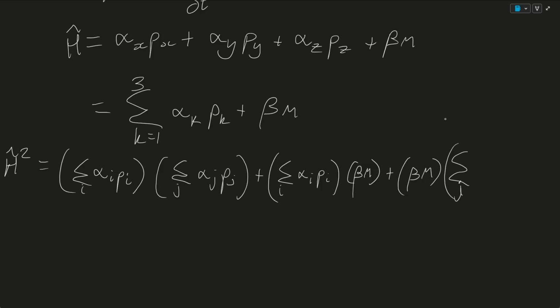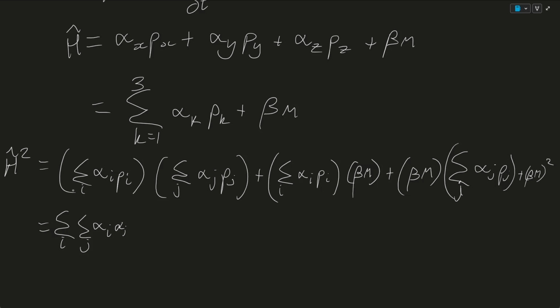The reason we write it like this is due to commutative properties. Plus beta squared m squared. Plus beta m. I can write it squared. Which is the sum over i, sum over j of alpha_i alpha_j.